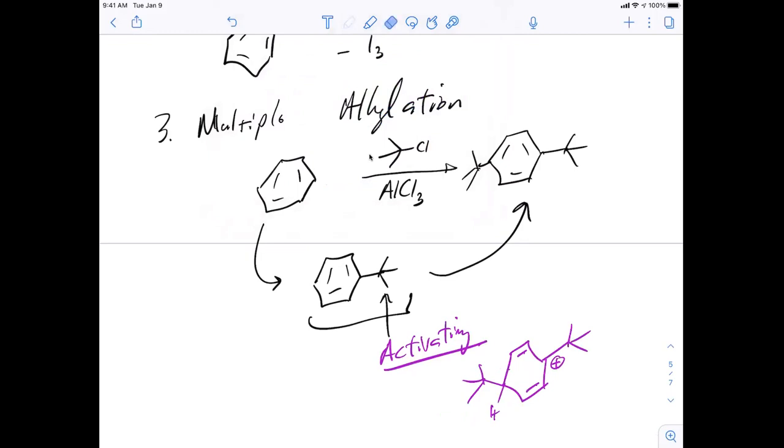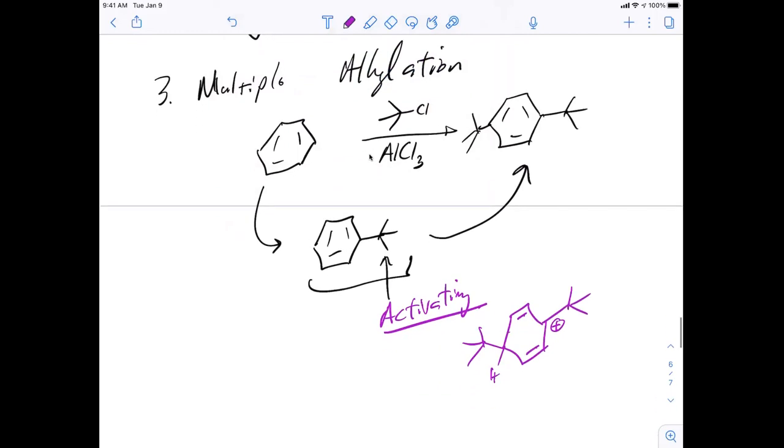So if we think about this intermediate, adding that second one, what have we done by having that alkyl group there? Can this alkyl group stabilize that carbocation? Yes. So if I can stabilize the carbocation intermediate in an electrophilic aromatic substitution, what does that do to the energy of activation? If I stabilize the carbocation, that lowers the energy of activation. So what does that mean as far as the speed of the reaction?